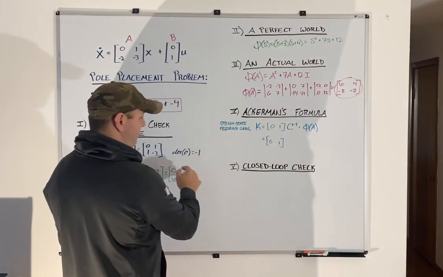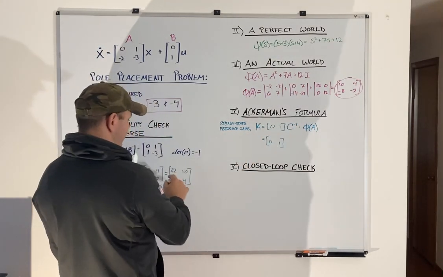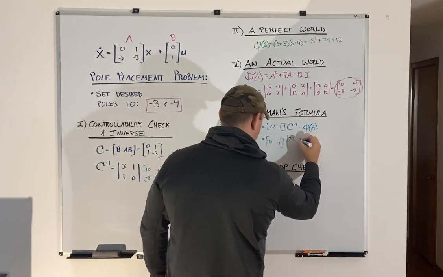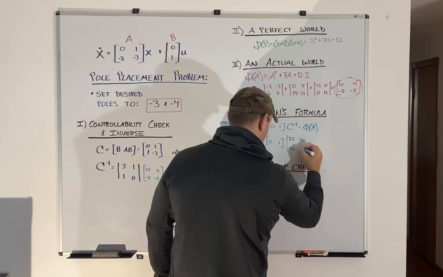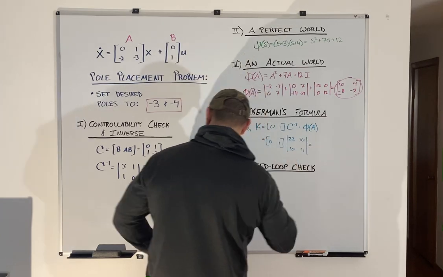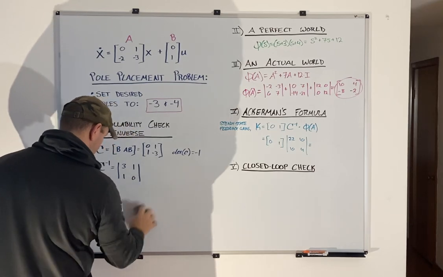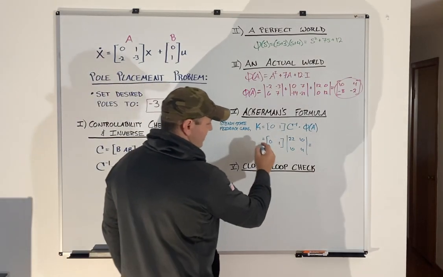So C inverse times the polynomial of A will be [22, 10; 10, 4]. Okay, let's clean that up. All right, let's do it.